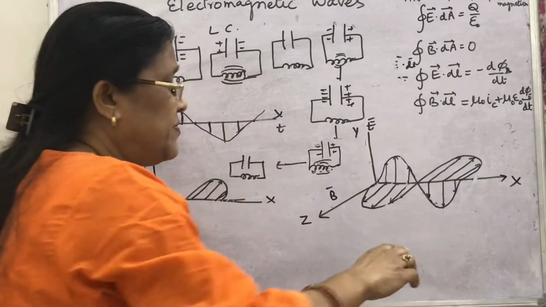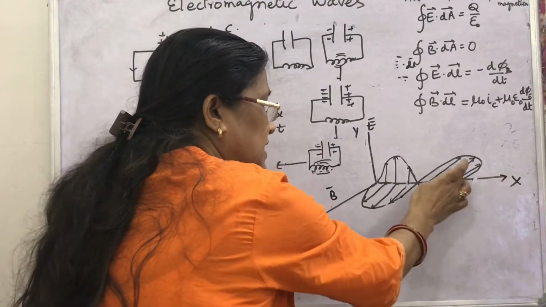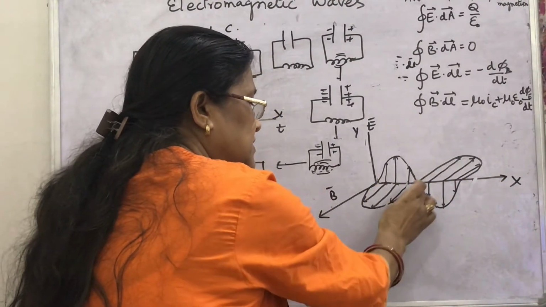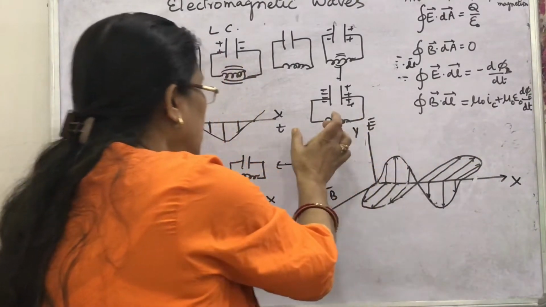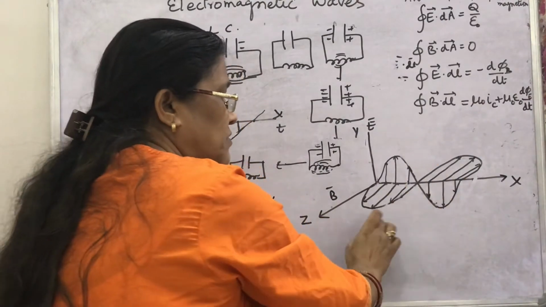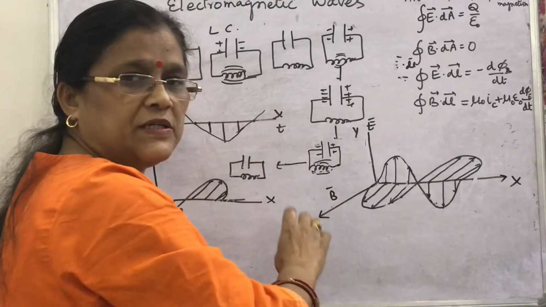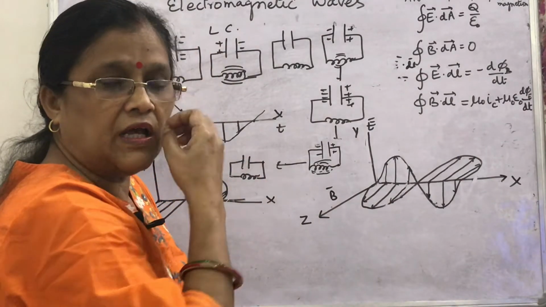Think: if you look only at the magnetic field about the x axis, it is perpendicular, this on this side and this on that side. If you look at the electric field about the x axis, it is like this. So, this picture represents the illustration of an EM wave.